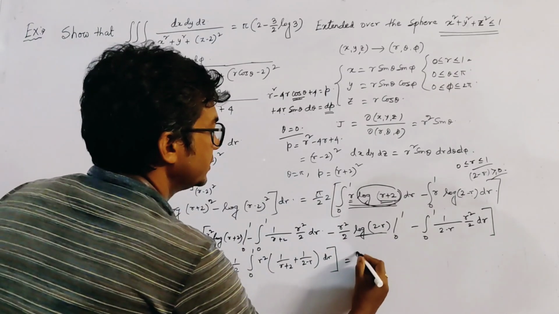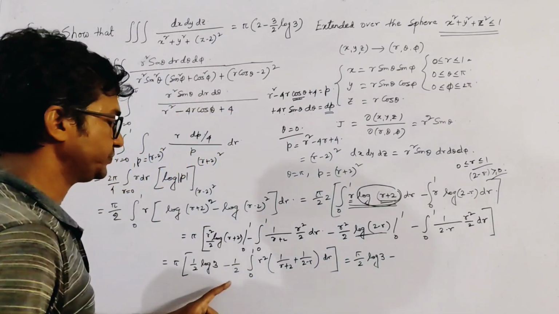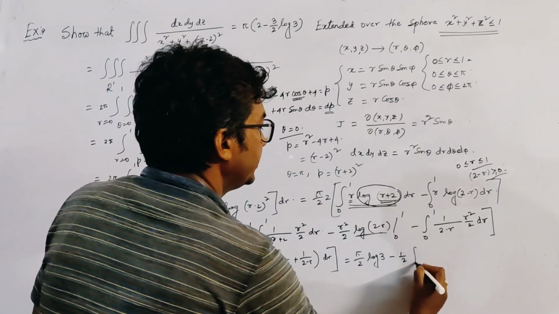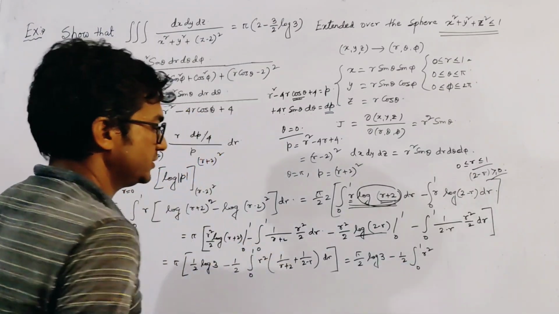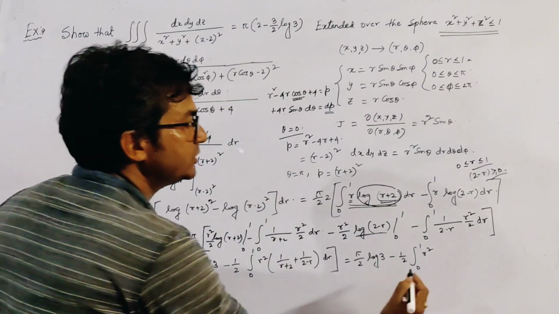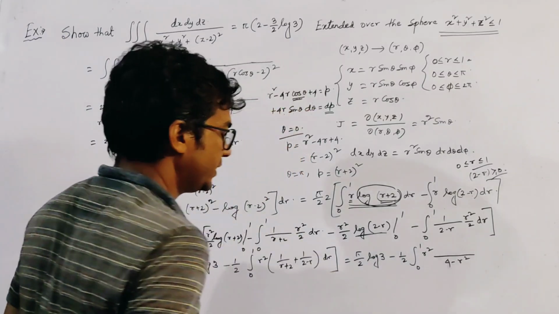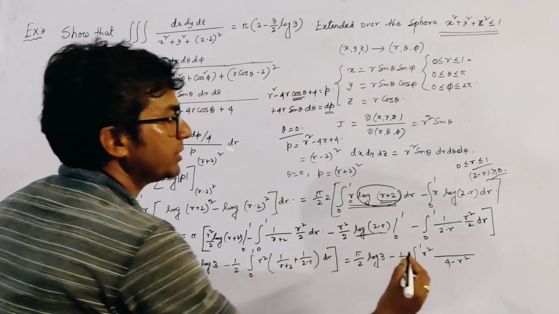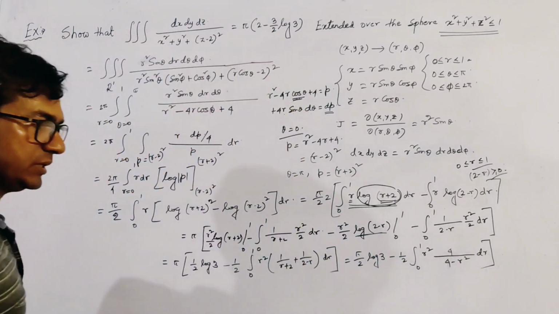So we get pi by 2 into log 3 minus half into integration 0 to 1 r square, and if we add these 2 terms, then we get 4 minus r square, and the upper term is 4 dr, right?